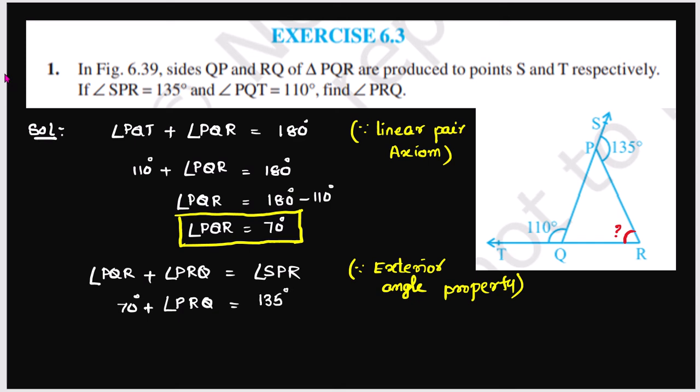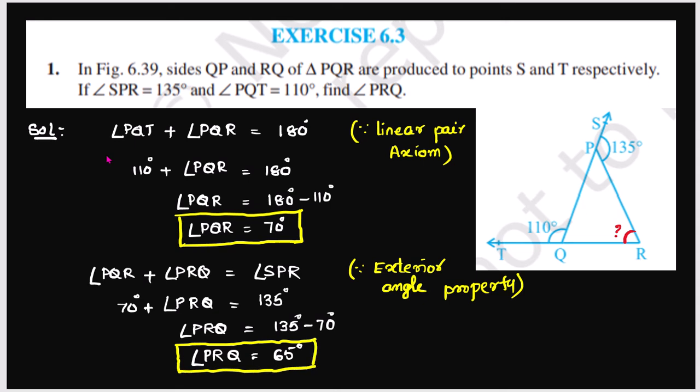So angle PRQ is 135 minus 70, that is 65. This you have to highlight. Here two properties were used: first the linear pair and second the exterior angle property of a triangle. In this way, this problem can be solved, children.